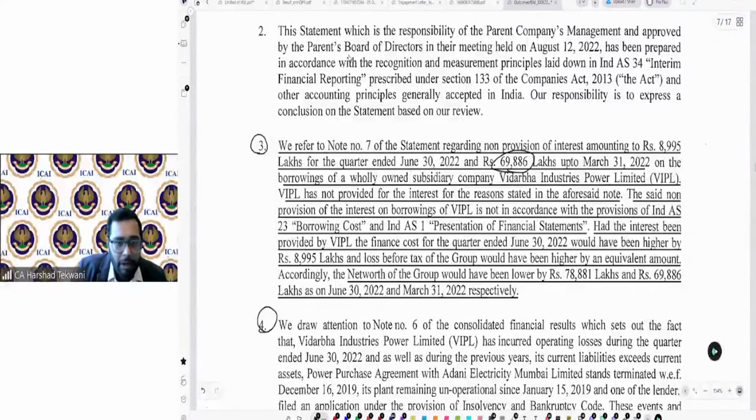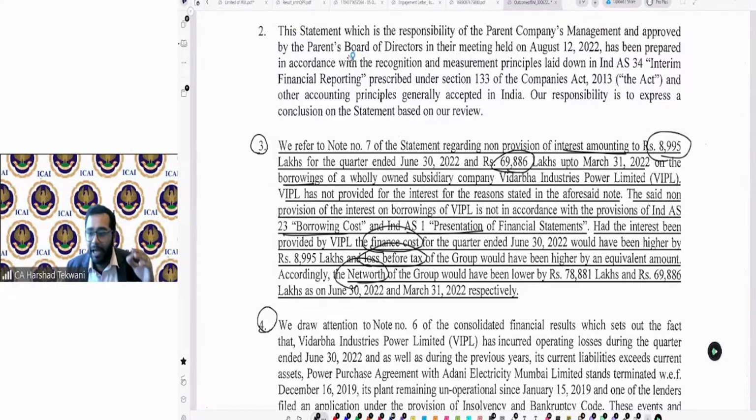What is the amount involved? Where is it impacting? Okay, borrowings, interest, which is not appropriate as per the borrowing cost and Ind AS. Okay, and it would have increased my finance cost. Okay, it would have impacted loss before tax, net worth, everything.